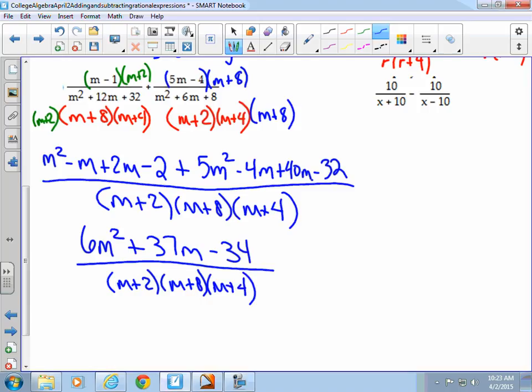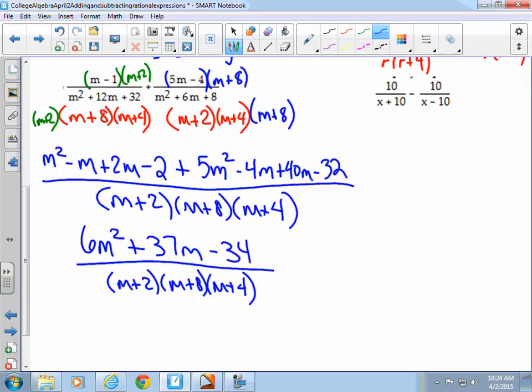I am not going to make you factor that numerator out and check to see if this simplifies a little bit farther. But just know if you're ever on an ACT and you get to an answer like this and the answer choice is a little more simplified, there is a slim chance that that numerator factors and something cancels. This one doesn't, because the 34 doesn't factor into those factors.